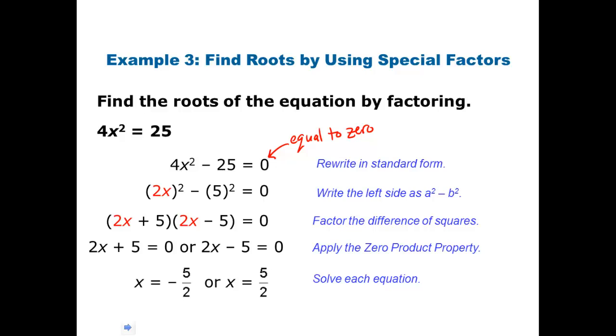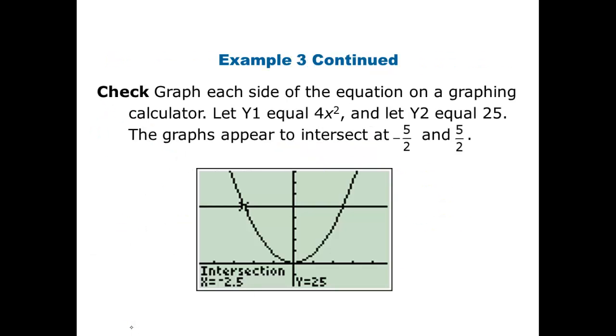And a good way to check this, go ahead and put 4x squared into y1 and 25 into y2 in your calculators, and we're going to take a look at the graph. This is what should come up when we graph.